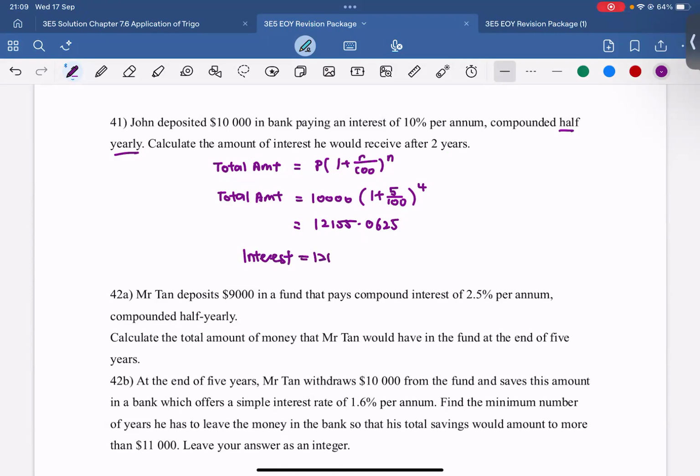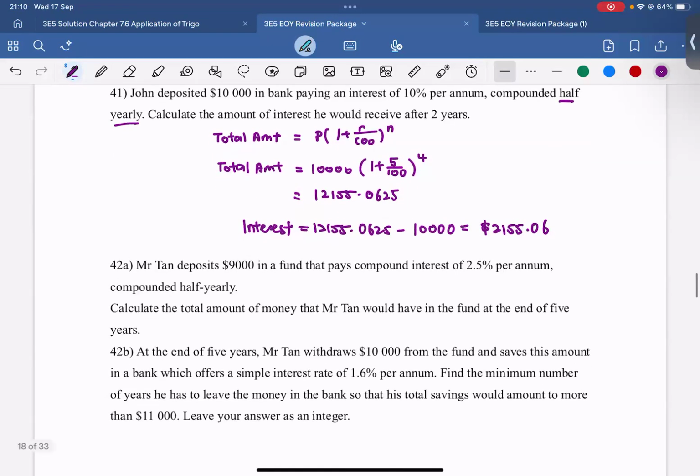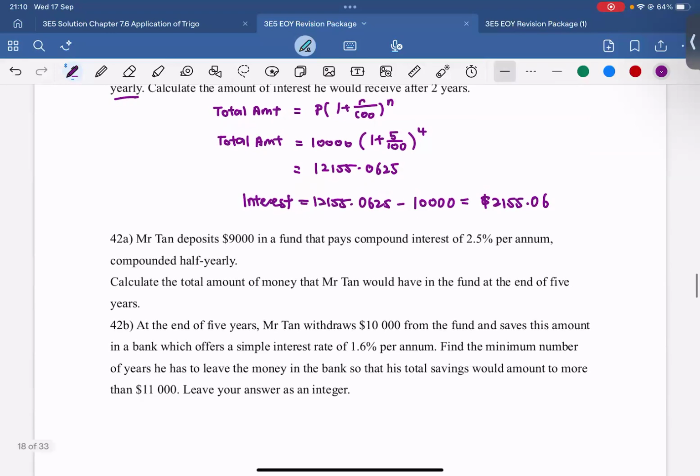Yes, this one minus 10,000. 2155.06. Leave to 2 decimal places, please. Yeah, we have 42 already.